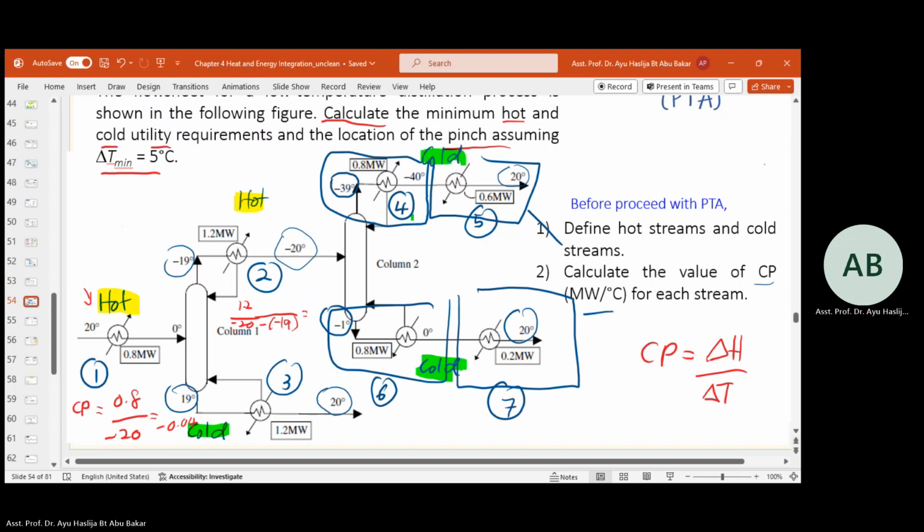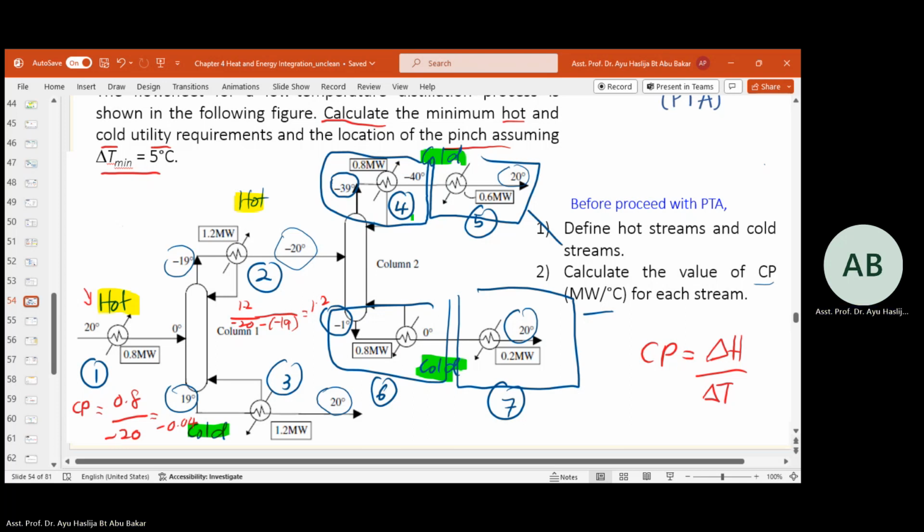Positive or negative 1.2? Positive. In your slide, positive or negative?